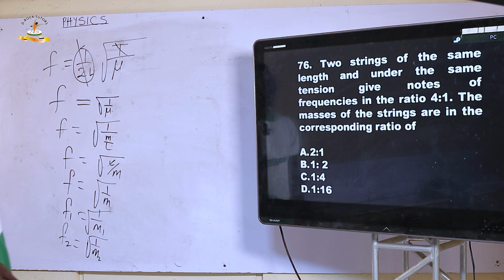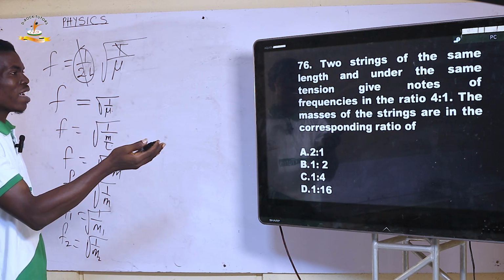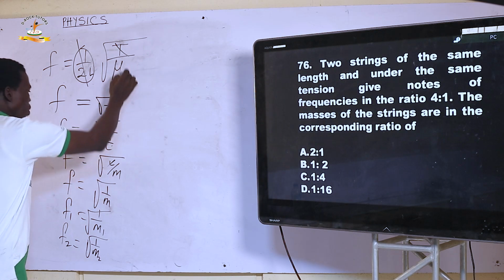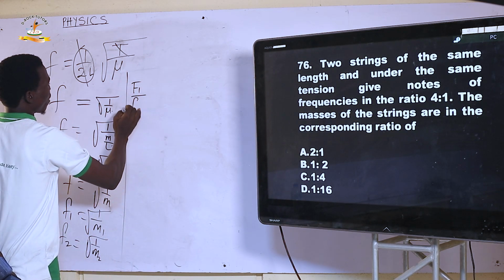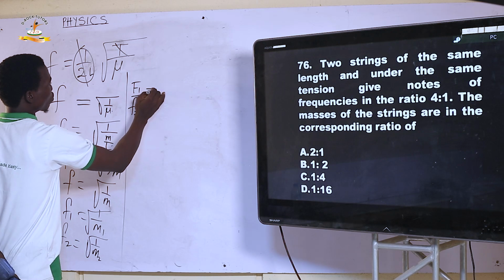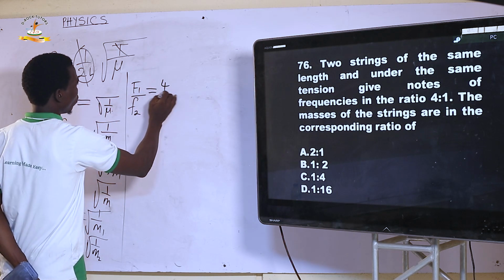Now let's take the ratio. Since the ratio of their frequencies is 4:1, it means F1 all over F2 equals 4 all over 1.